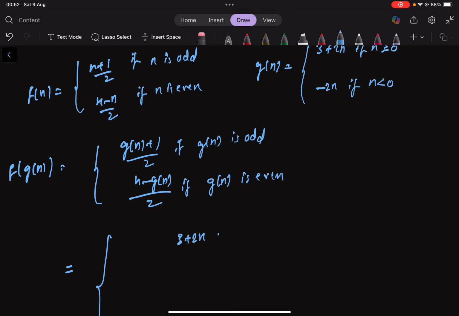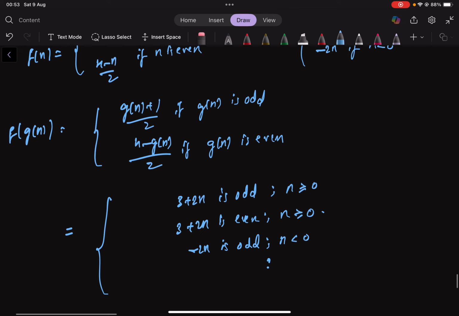So g of n is 3 plus 2n or minus 2n, it can be. 3 plus 2n is odd when n is greater than or equal to 0, or 3 plus 2n is even when n is greater than or equal to 0, or minus 2n is odd when n is less than 0, or minus 2n is even if n is less than 0.